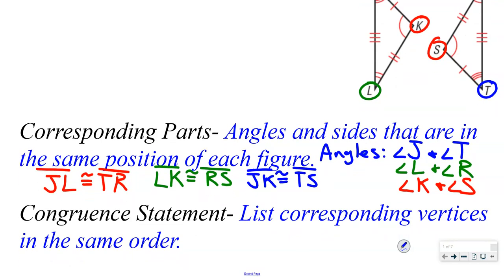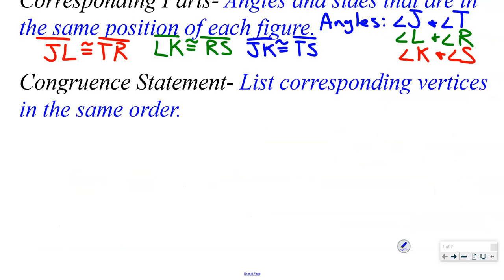Now at the bottom we have the definition for a congruence statement. And this is a list of corresponding vertices in the same order. This, probably more than anything else in this entire unit, is what you guys are most likely to get wrong. And that's writing your congruence statement correctly or identifying a congruence statement that is incorrect, because the order of the letters matters.